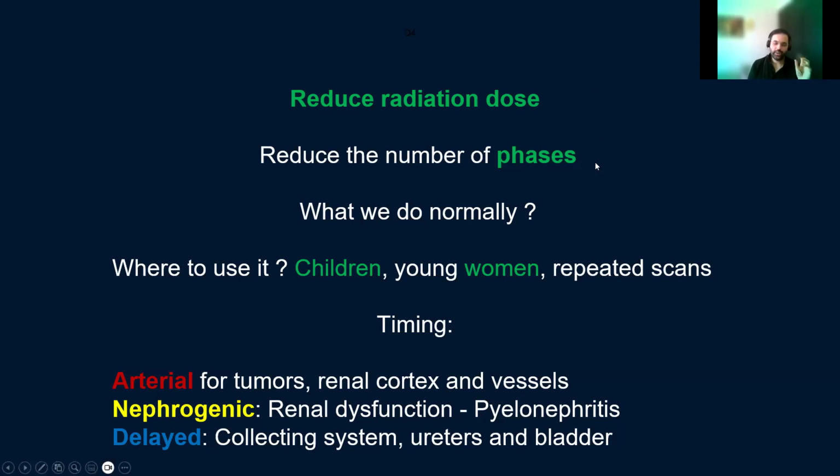Now, the whole point of the split bolus technique is to reduce the radiation dose by reducing the number of phases. Now, how are we going to do that? Basically, as the name suggests, you're going to split the contrast bolus into 2 parts. Say, for example, you're going to give 100 ml of contrast to a patient.